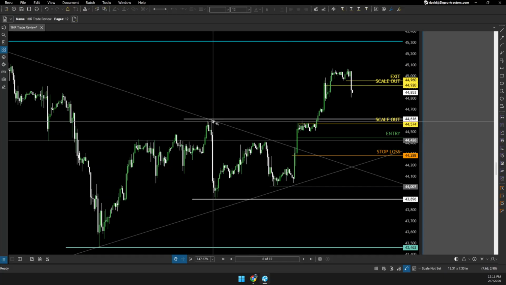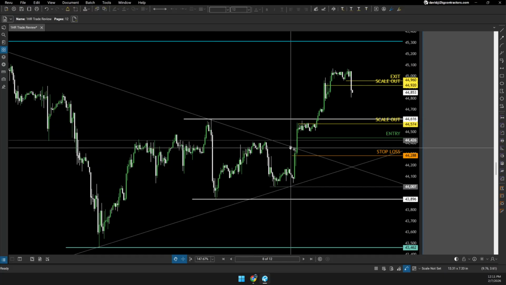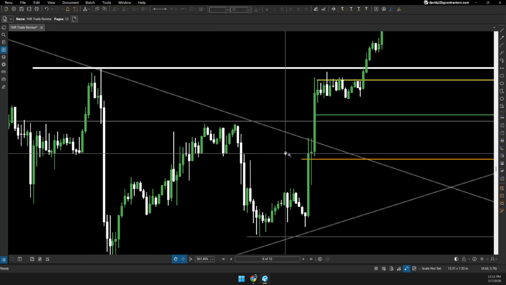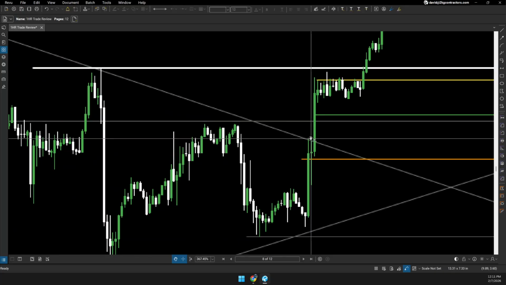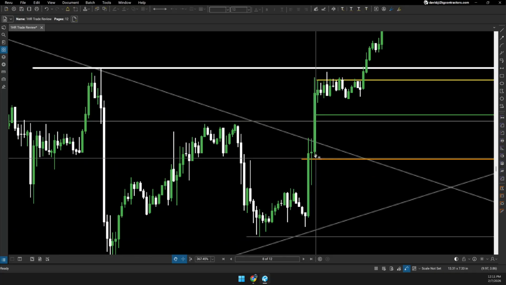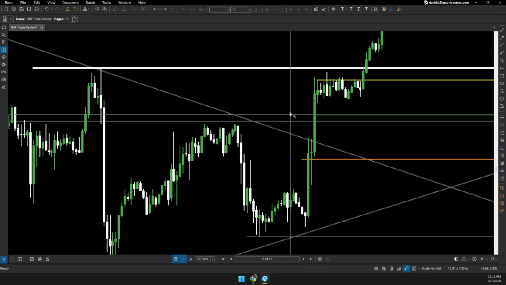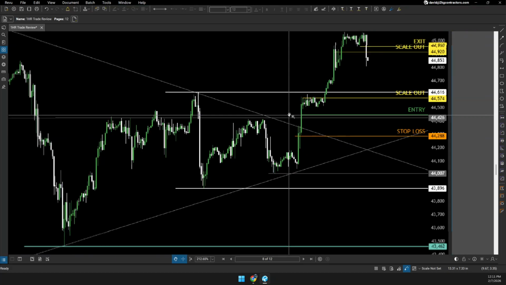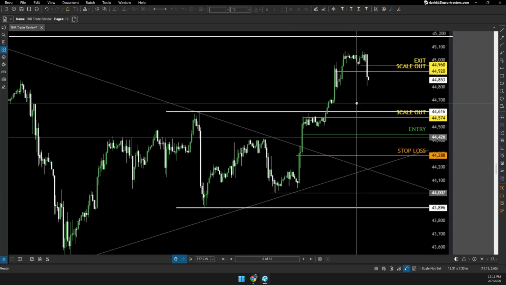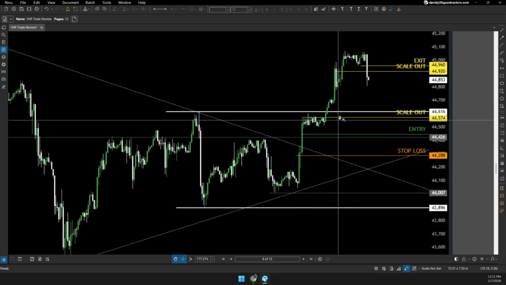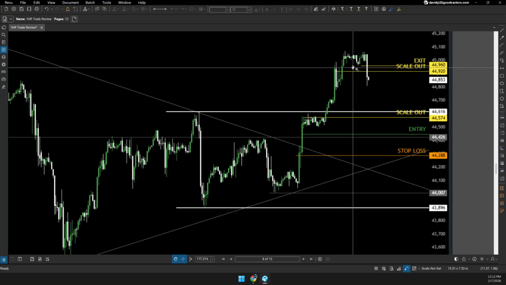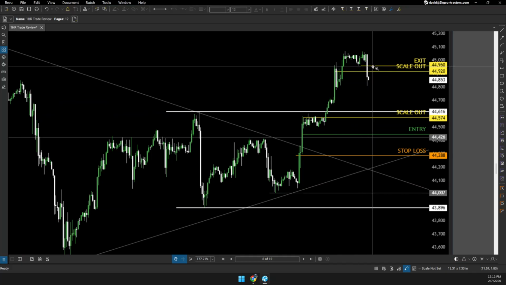So I already got a point B. It hit it here and then pulled back and then took off again. And because I have this support resistance level, I wanted to get in just above it. And then same thing, trail it by candle all the way up, got knocked out right up in here off of this point right here.